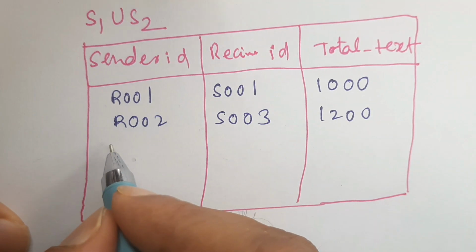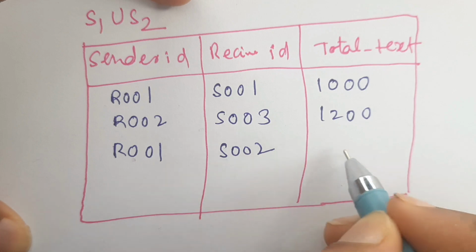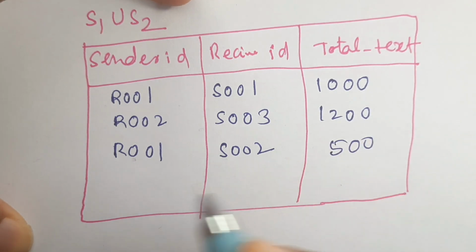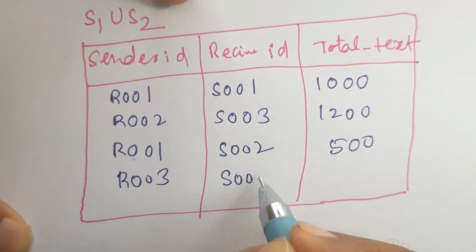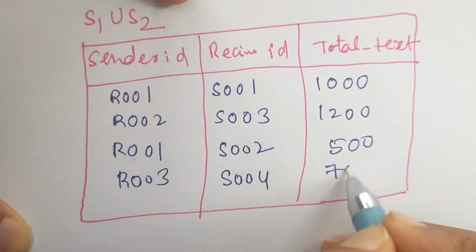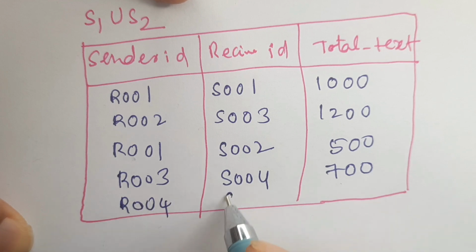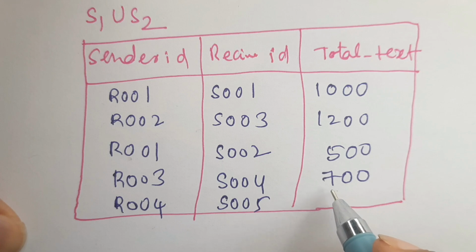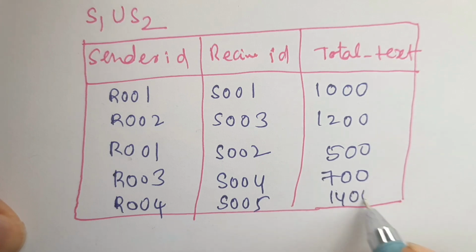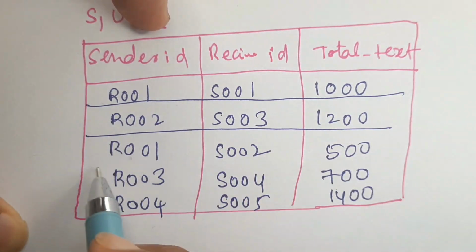Then we are going to have R001, S002 500, R003, S004 700, R004, S005, then 1400.